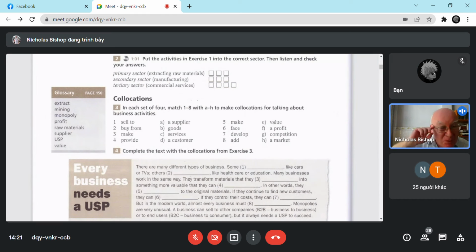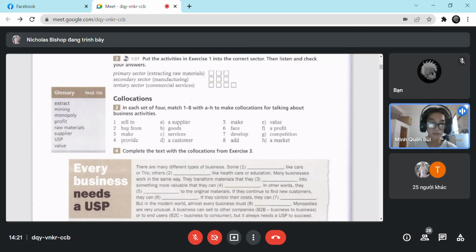But actually, that wasn't the word I was thinking of. There's one acronym there. Does anybody know what USP means? Because actually, I didn't know that a few days ago. It is one of those important business acronyms, USP.